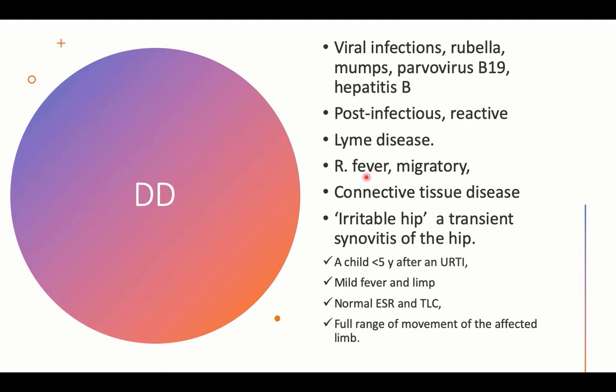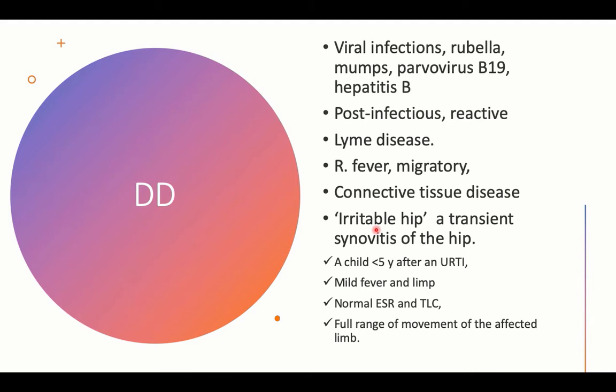Borrelia can cause arthritis. Rheumatic fever, okay, has arthritis as one of the major Jones criteria, with migratory arthritis affecting the big joints, starting mainly with knees, for example, then hips, elbows, and wrist. Connective tissue disease like systemic lupus and juvenile idiopathic arthritis is a differential diagnosis.